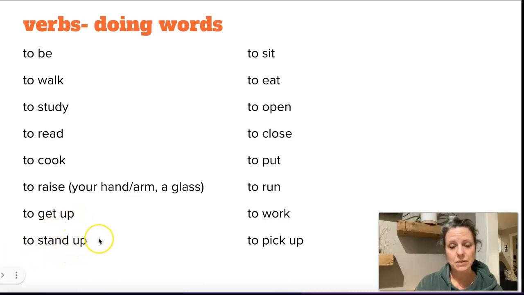Those mean kind of the same thing. To sit, to eat, to open a book, to close a book, to put, to run, to work, to pick up. These are all verbs, all doing words.